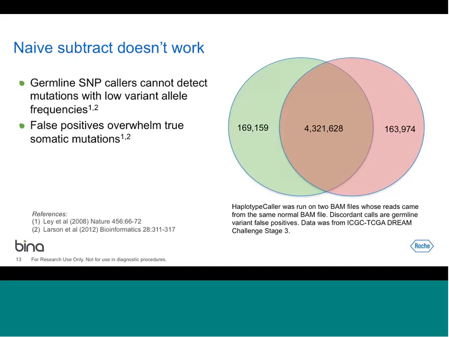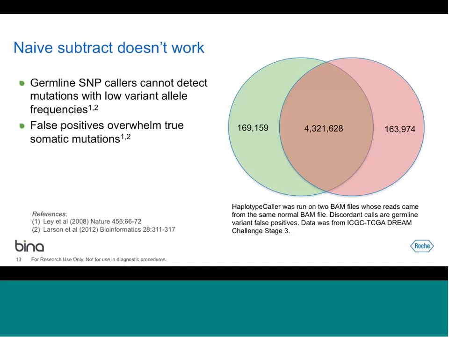Basically, we would run the germline genotypers on the tumor and the normal, and then try to see the difference in the results. Now, the problem with that is, as Anoop has described earlier, that in tumor, you have a lot of heterogeneity. Some mutations occur at a very small fraction, and so germline genotypers will not detect those. So you have a lot of false negatives.